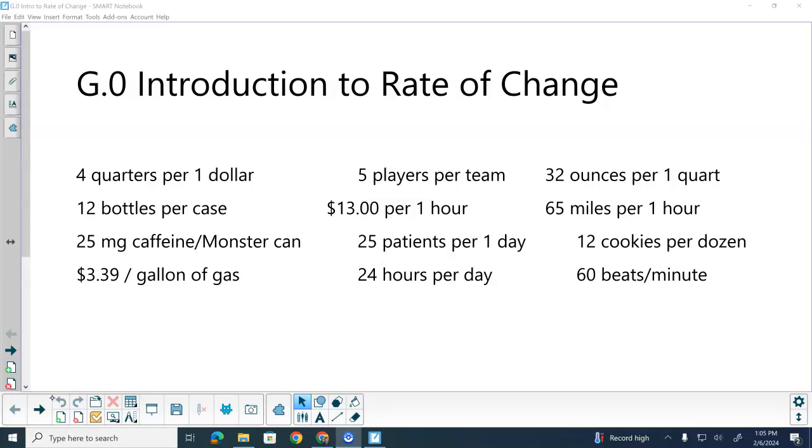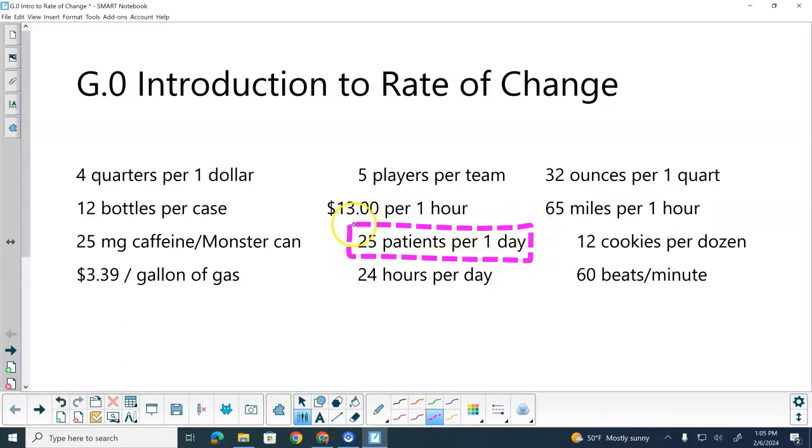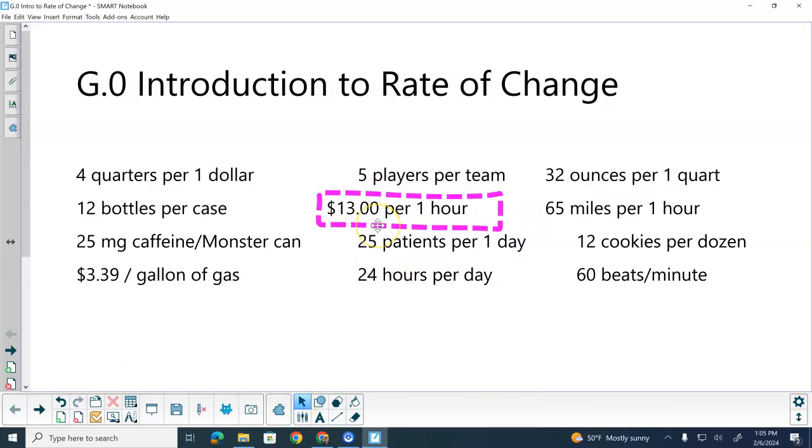What are we doing in all 12 of those? Everything is per something else. What does per mean? What are we doing when we say 25 patients per one day? Or, switch it around, $13 per hour.